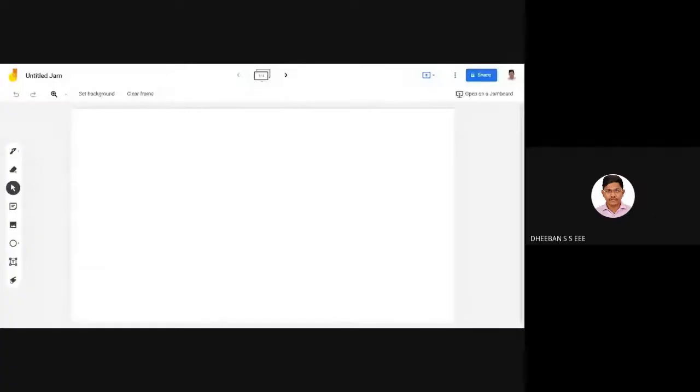So we are back to your Jamboard. Jamboard is somewhat more user friendly compared to the OneNote. So we'll be seeing it.